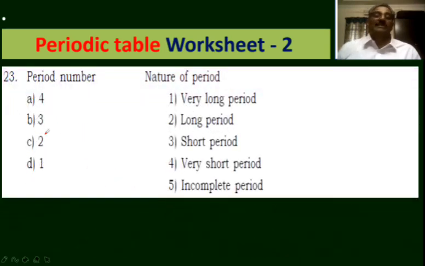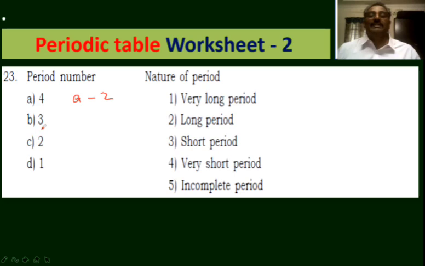The next question is also a matching type question. The period number is given in the first group and the nature of the period is given in the second group. Period number is 4, fourth period. The options given are very long period, short period, very short period, incomplete period. You know that the first period is the shortest period. Second and third periods are short periods. Fourth and fifth periods are long periods. So the fourth period is a long period. So A2.